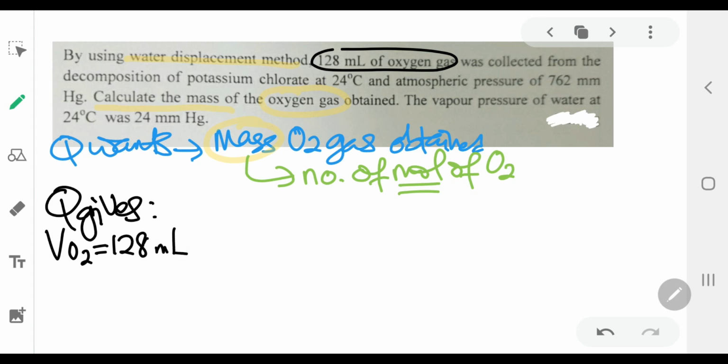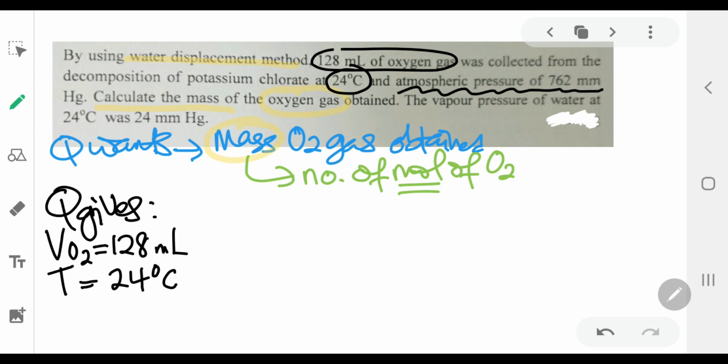And we know that when you see mL, if you want to use this for PV equals to nRT, we need to change that into liter. Okay? And then what else? We have temperature. Okay, so the temperature is also given to you. It's right over there, temperature. So 24 degrees Celsius.